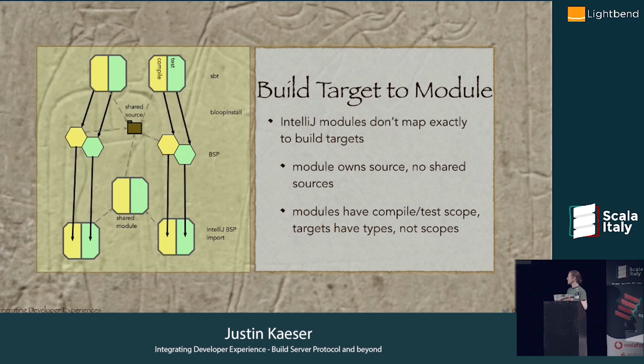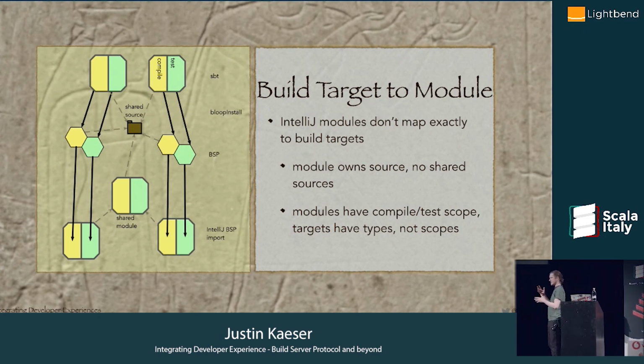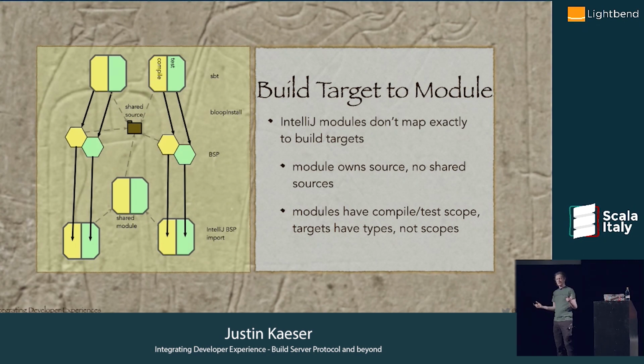So our workaround is to create a shared source module. If we detect that there are sources shared between specific targets, we create a new module, put all the shared sources in that, and define a dependency from the modules that share these sources onto that module. That kind of works, but if you use the IntelliJ project model compiler, then you'll probably get compile errors in either one or the other.